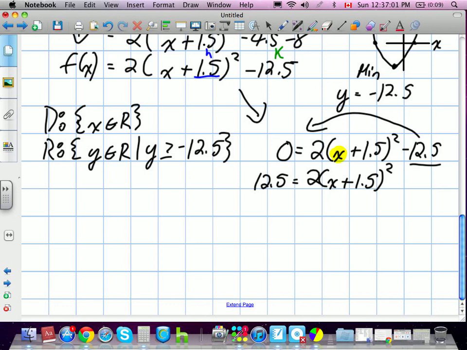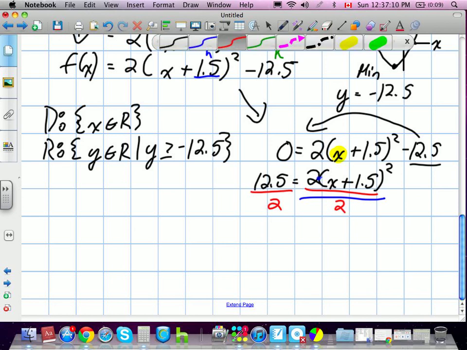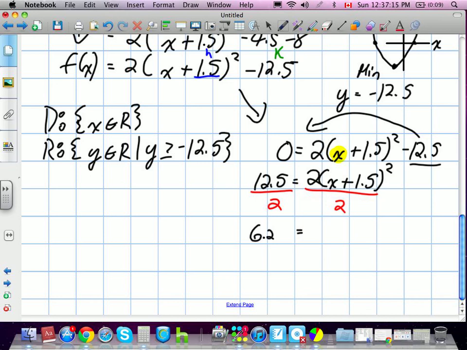Technically, the last thing we'd be doing is this multiplication, but because we're isolating, it's the first thing. We need to move that 2 over, so I'm going to divide both sides by 2. Very good. 6.25 is equal to (x plus 1.5) squared.